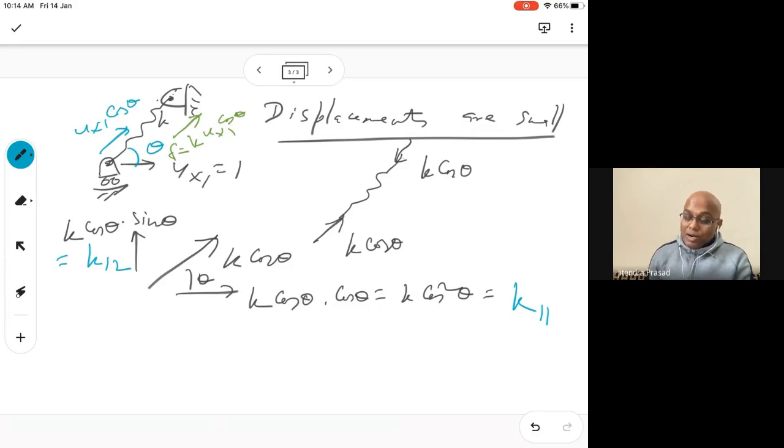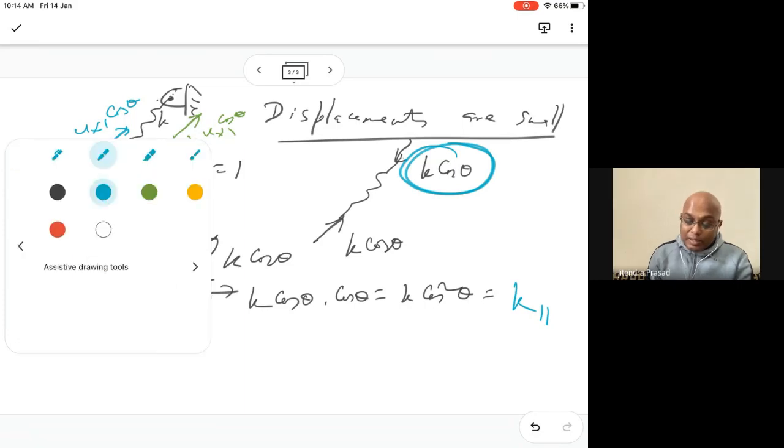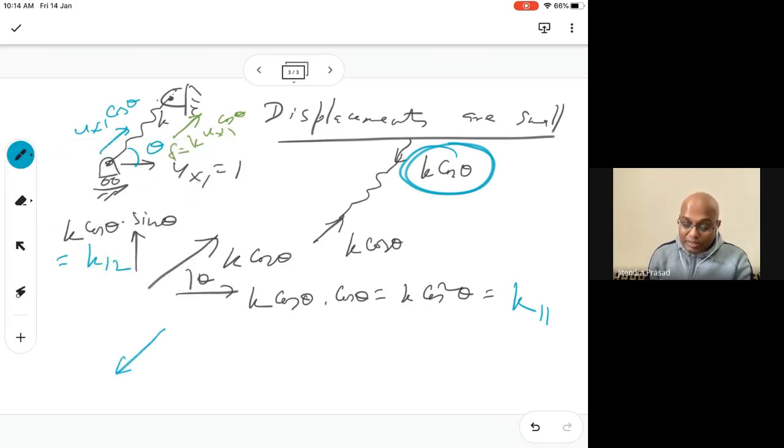Right? Similarly here, you can resolve this the same way. And what do you have? You have here, like this, K cos theta.